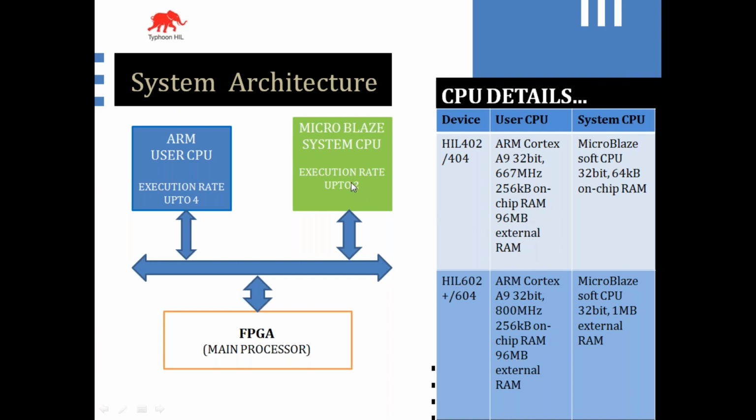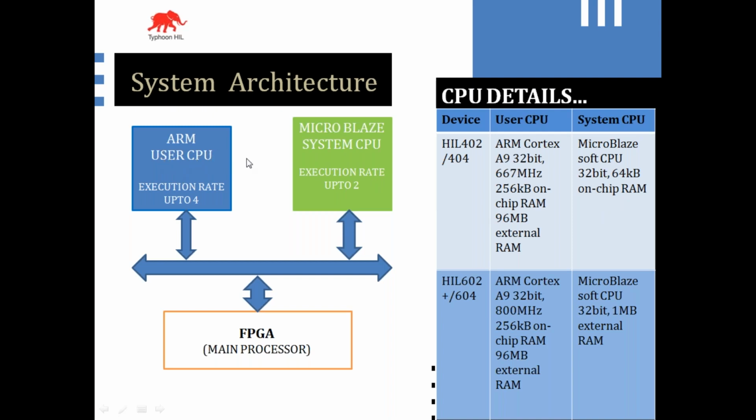And for the system CPU, we are using the MicroBlaze soft CPU, which is used for slow dynamics, like handling electrical components such as RMS values or single phase component sources. MicroBlaze is a soft microprocessor core designed for Xilinx field programmable gate arrays, and as a soft core processor, it is implemented entirely in the general purpose memory and logic fabric of the Xilinx FPGA.